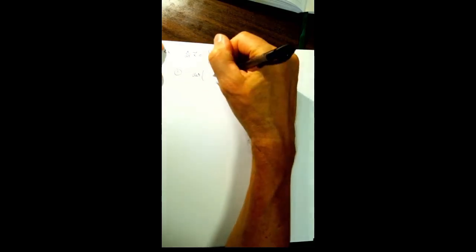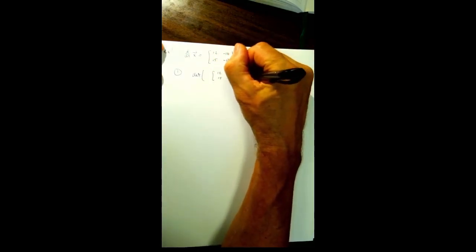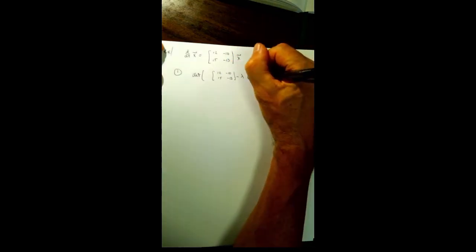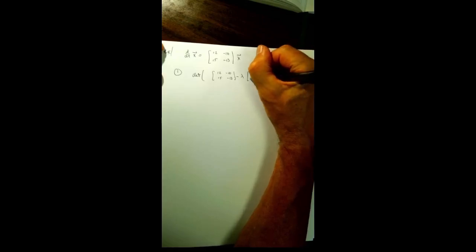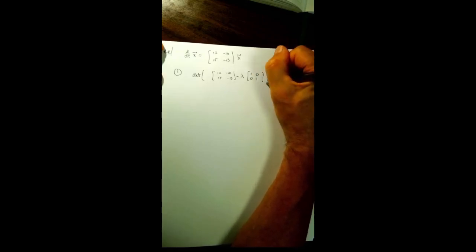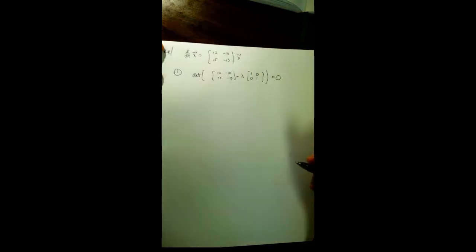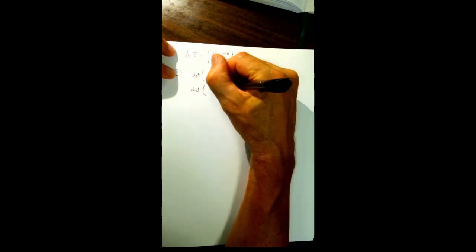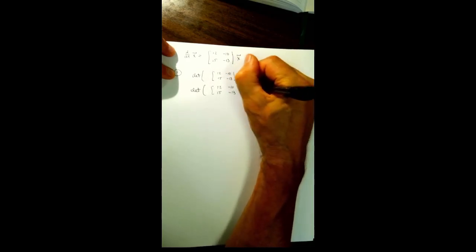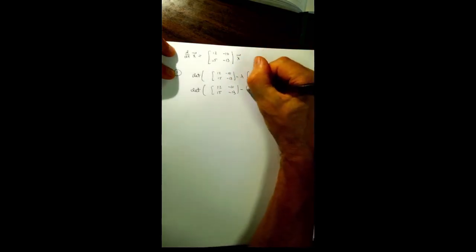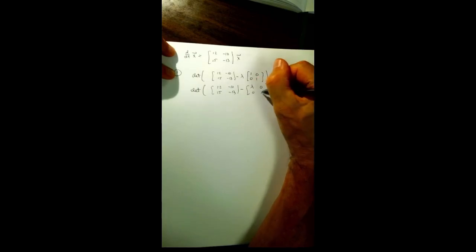So my first step is take the determinant of this thing minus lambda times I. Since it's 2 by 2, my identity matrix is 1, 0, 0, 1. And this has to be 0. So this is going to be 12, minus 10, 15, minus 13. If I multiply the scalar through, I get lambda, 0, 0, lambda.